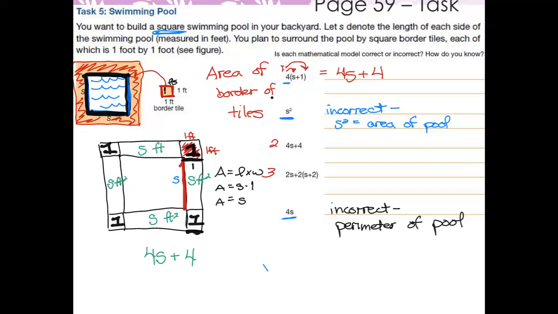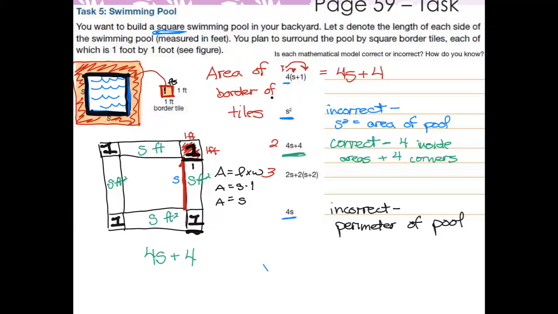So that means this definitely should work. 4S plus 4, that's written just like that. So this is correct. So this is the 4 inside areas plus the 4 corners. Okay.